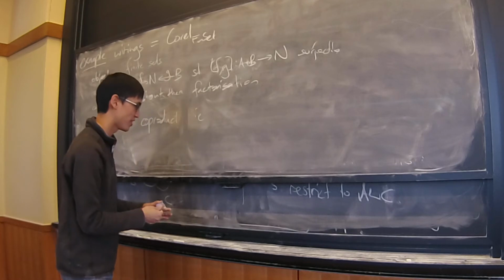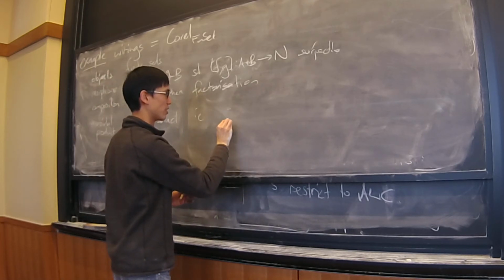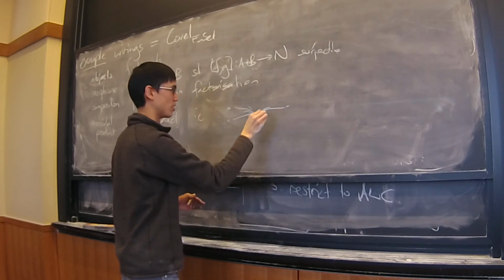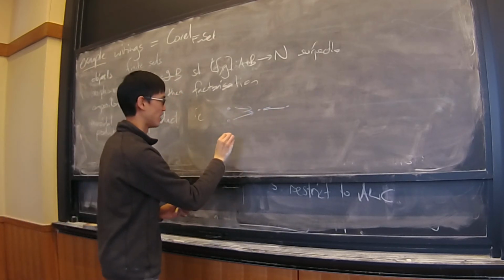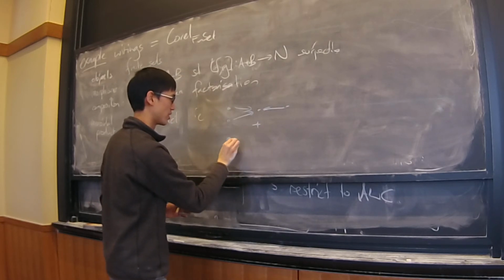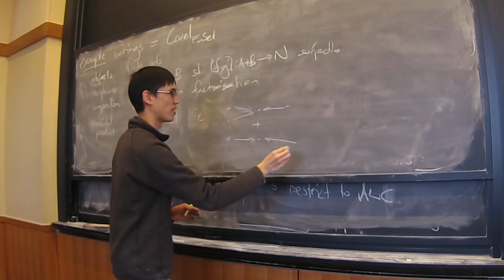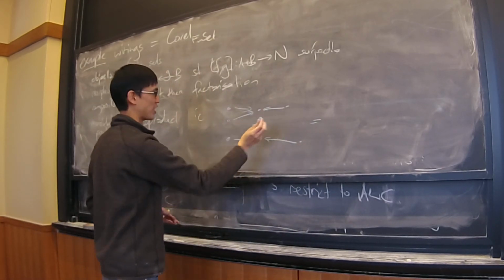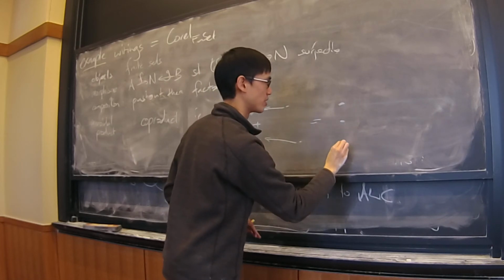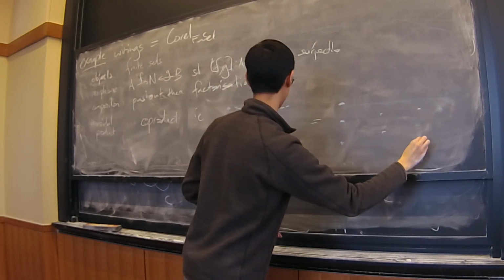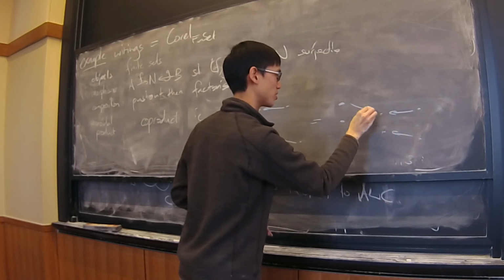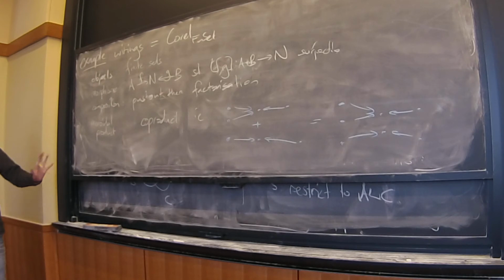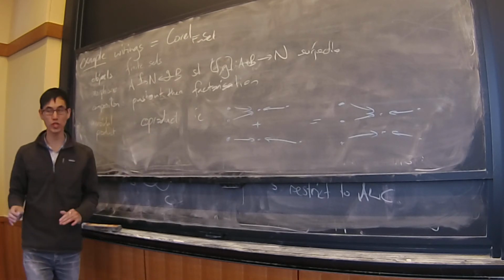So if we have two wirings, here's one wiring drawn as a cospan. Here's another wiring. Well, we can obtain a wiring just by forgetting these pluses here. This thing also happens to be a cospan. Kind of visually, it's obvious. So that gives us a monoidal product.